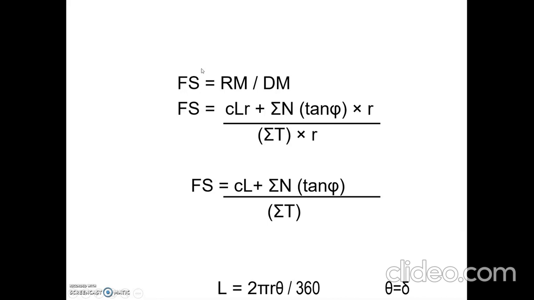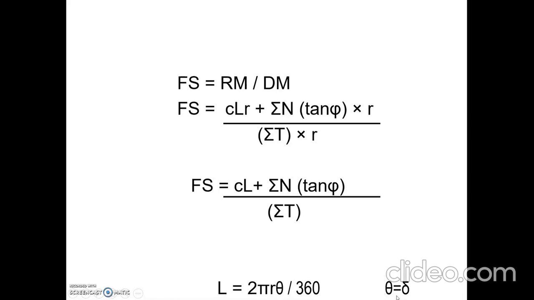Now we will write the equation for factor of safety, which will be ratio of resisting moment to driving moment. We have already got the equation for resisting moment, that is CLR plus summation of N tan phi into R, and driving moment is summation of T into R. R will get cancelled out, so we get factor of safety equal to CL plus summation of N tan phi divided by summation of T, where L is length of the arc, which is given by equation 2 pi r theta divided by 360.